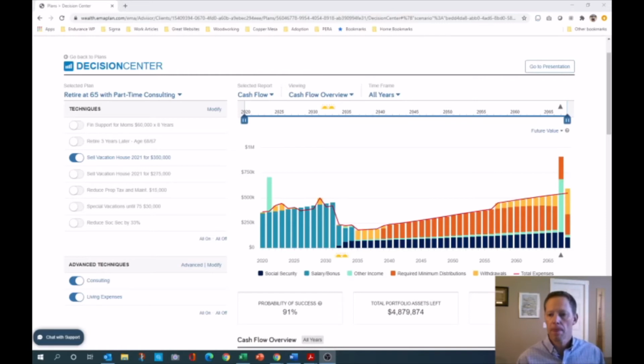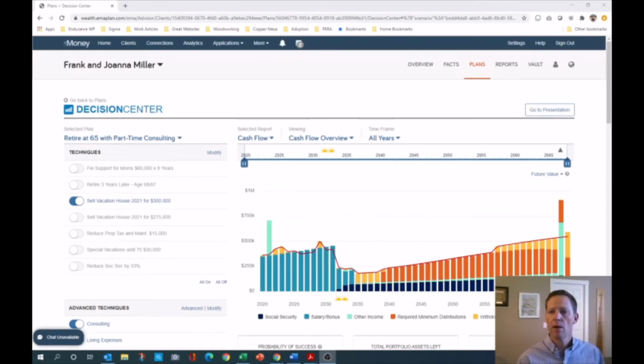So again, 91% probability of success with leaving almost $5 million of potential assets in their investment accounts when they pass away at the end of life. Meaning that in this case, they could potentially leave a nice inheritance for their children or charities or whatever is important to them. So this just gives you an idea of some of those things that we can do.